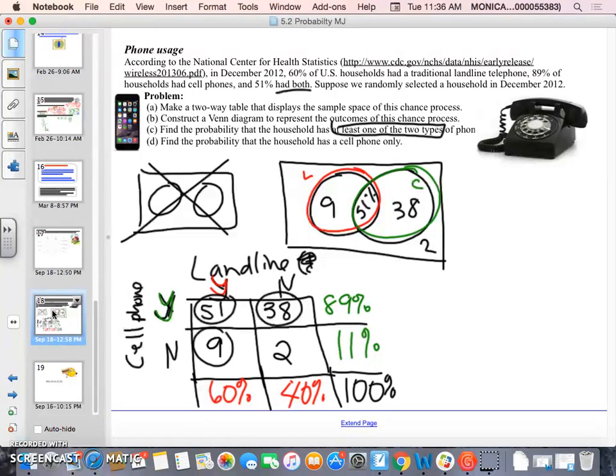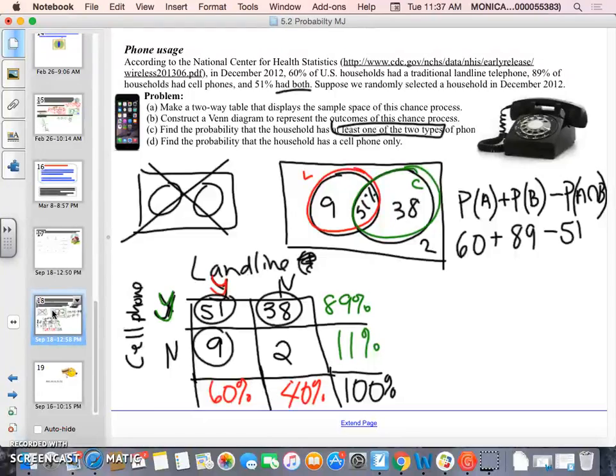So that is the probability of the union of A and B. The probability of A plus the probability of B, but you're going to subtract out the probability of the intersection of A and B. So the probability of A is 60, the probability of B is 89, and the probability of both is 51.